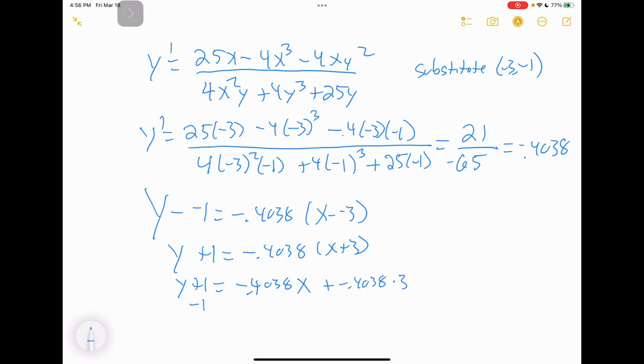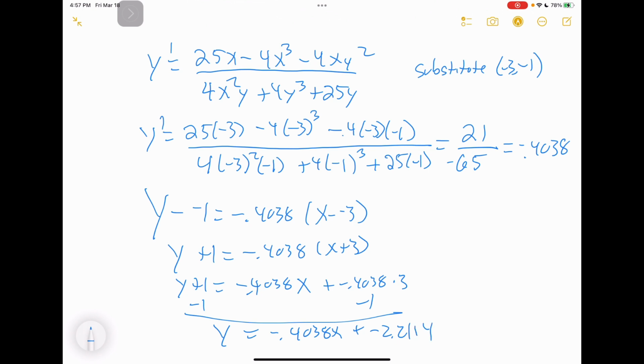And we'll subtract the 1 from both sides. So y equals -0.4038x plus, and let me use my calculator to get this, -0.4038 times 3 minus 1, which should be -2.2114.